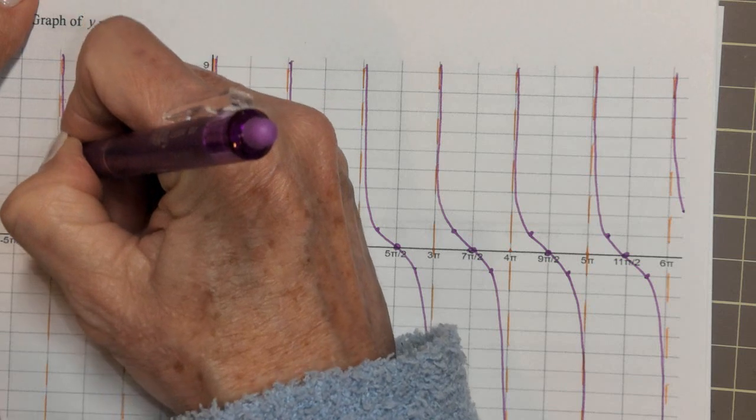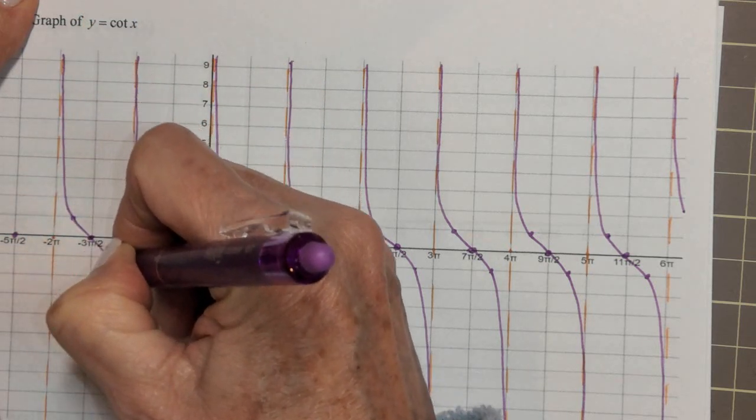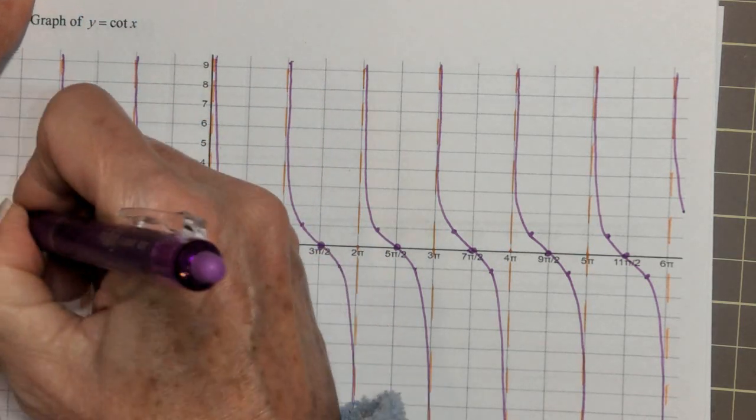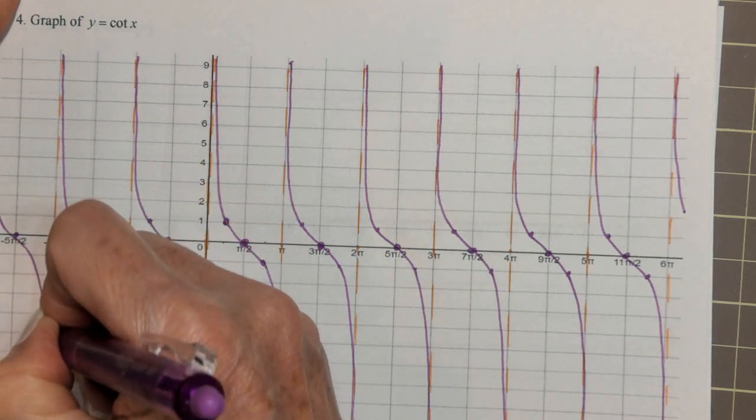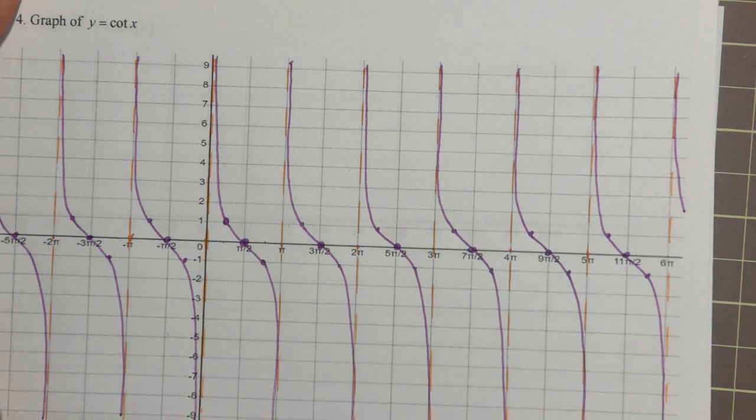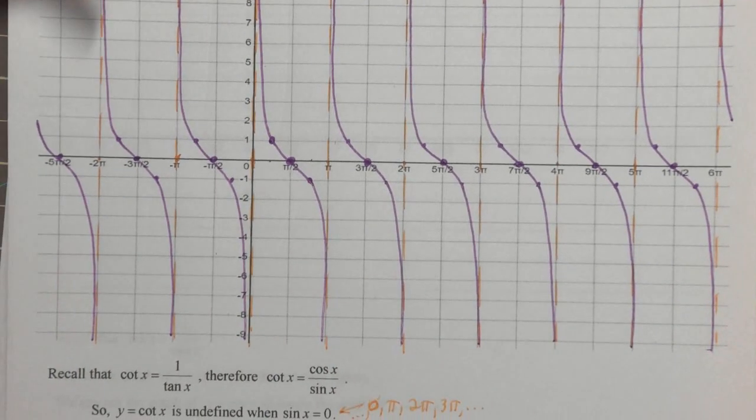So very similar to the shape of tangent. I think of it as kind of being a little bit backwards. Okay, cotangent. Very good.